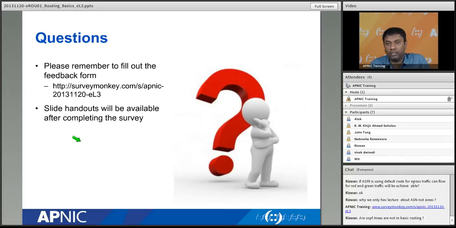Oh, there's a question. Why do we only have a lecture about AS and not area? Well, this is what we call routing basics. We have another module called OSPF, another module called BGP, and another called BGP attributes. So in one hour, we are not going to cover everything.